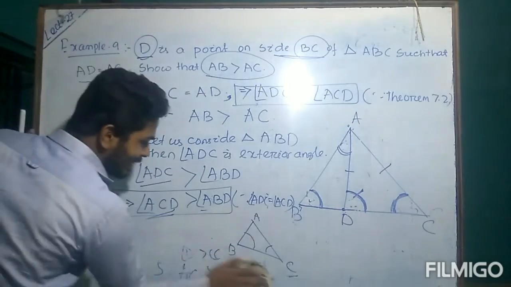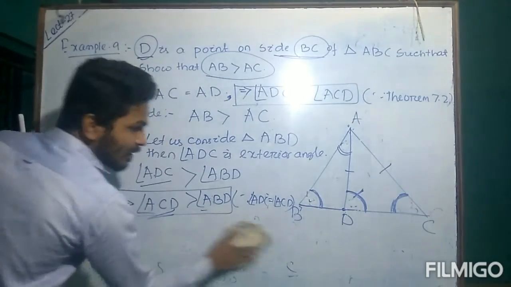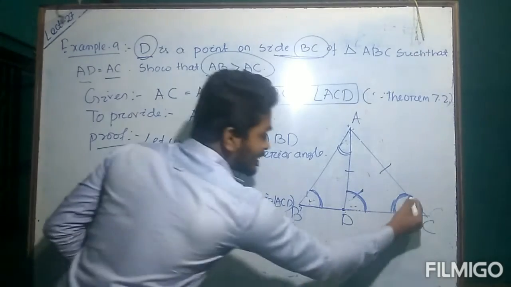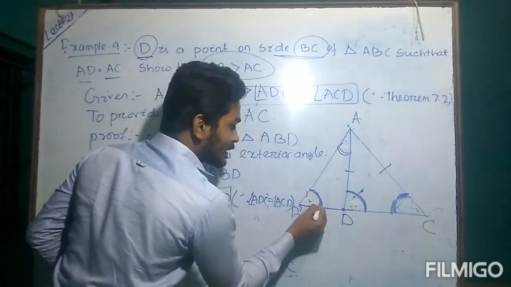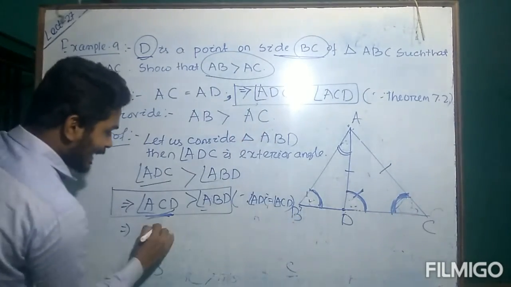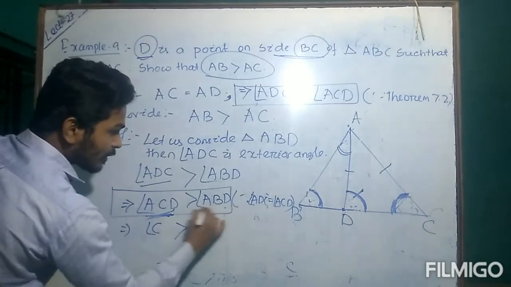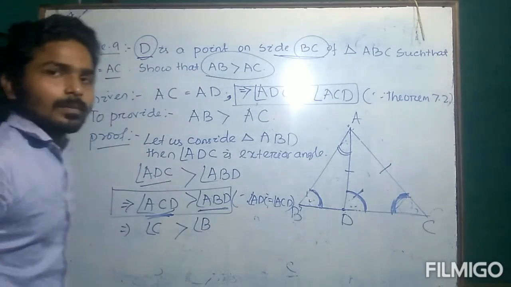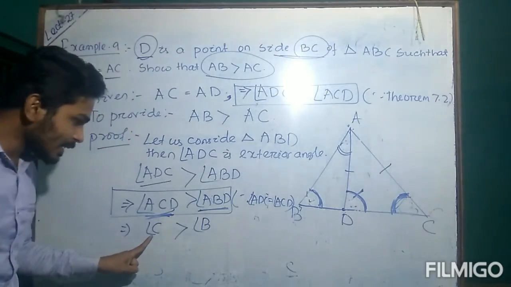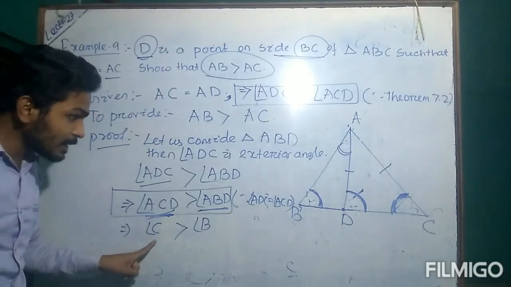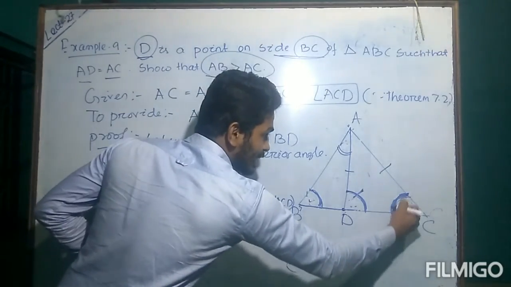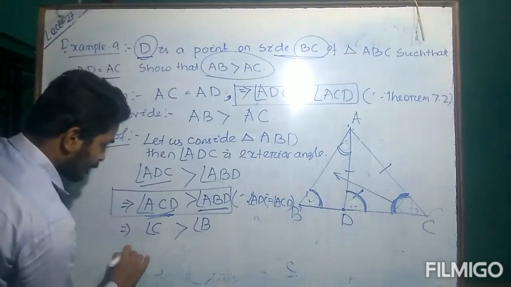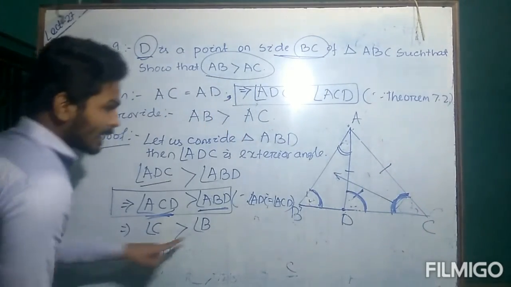So here also we get for the triangle ABC, this angle, it means this angle is greater than this angle. So simply we can write angle C is greater than, for this ABD we can simply write angle B. Okay. Since this angle is greater than this angle, the opposite side of this angle, what is the opposite side of this angle? If we consider triangle ABC, AB, and what is the opposite side of angle B?